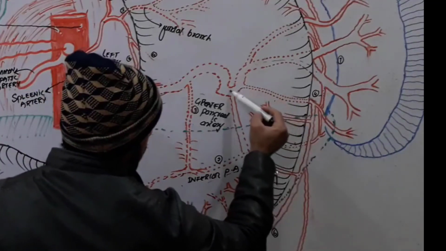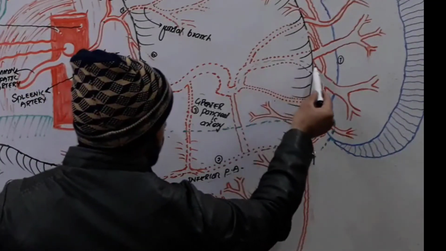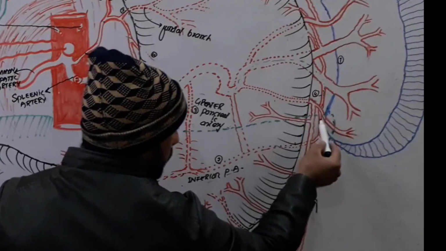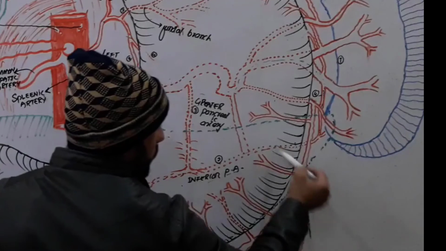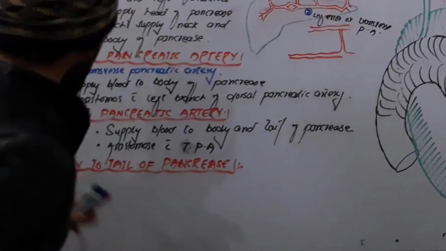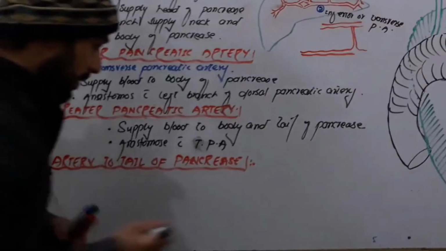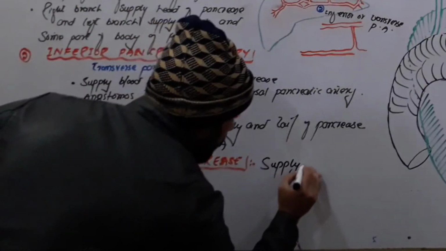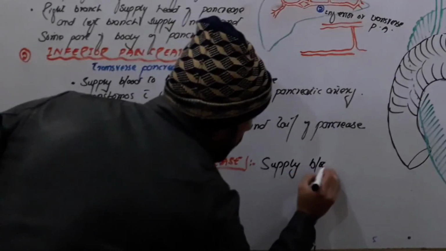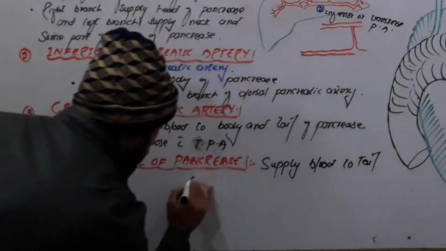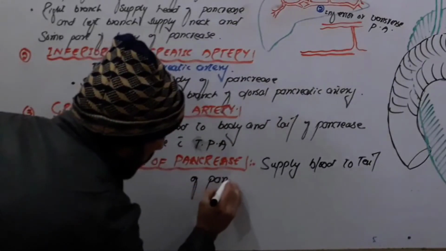So look carefully again, this is our splenic artery, this is its branch, and look, it is giving a branch like this, and this branch enters the tail of the pancreas and supplies blood to the tail of the pancreas. So that's why we call it artery to the tail of pancreas. So we write here, supply blood to tail of pancreas.